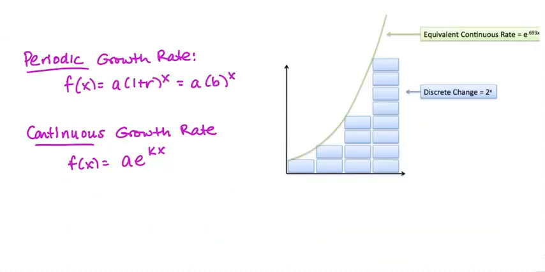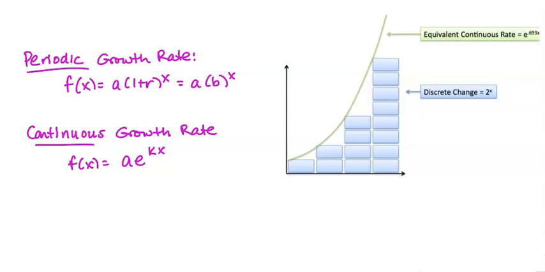So we've had two different formulas, one for periodic growth rate and one for continuous growth rate, that we've been using in previous examples. With our periodic growth rate, we're looking at the actual percent increase in one time unit. So it's in that form of a times 1 plus r, where r is our growth rate, to the power of x, or a times b to the x.